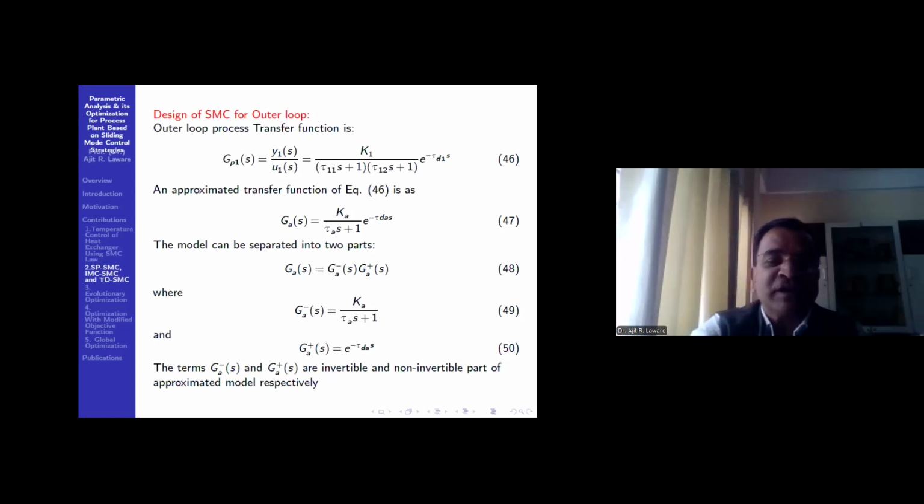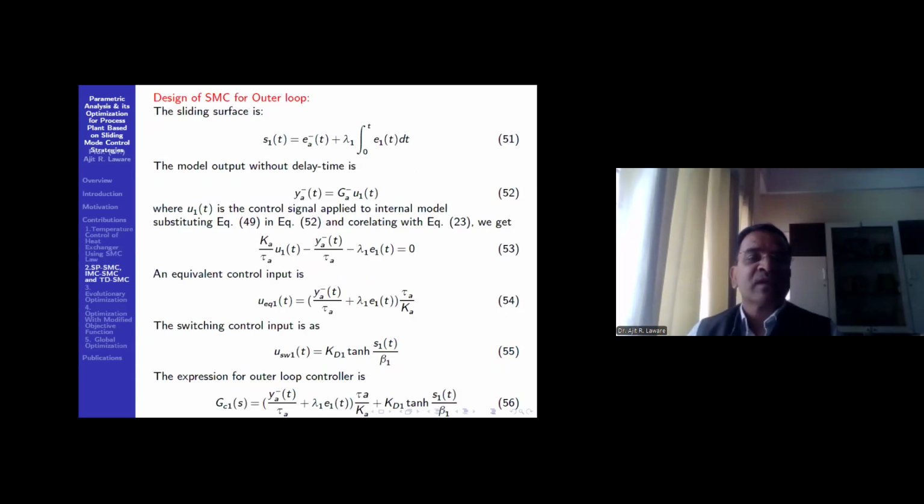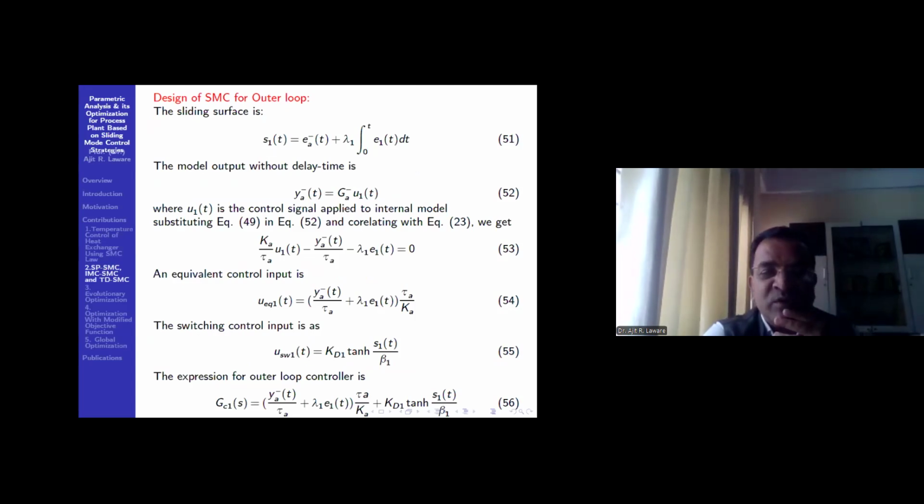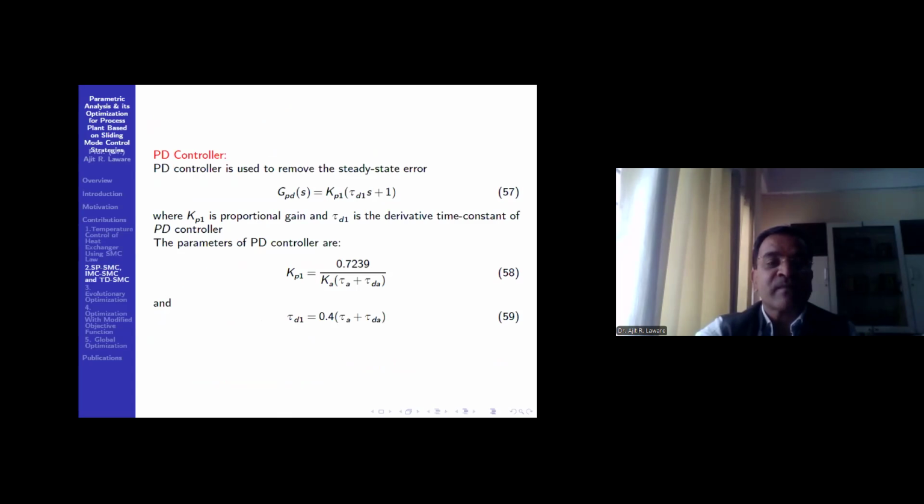I will tell you later on about this. Here the model is separated into two parts, invertible and non-invertible. Then this is the SMC design for the outer loop with equivalent transfer function as equation 54, and again the tangential hyperbolic function, and equation 56 gives you the outer loop controller expression, the PD control.